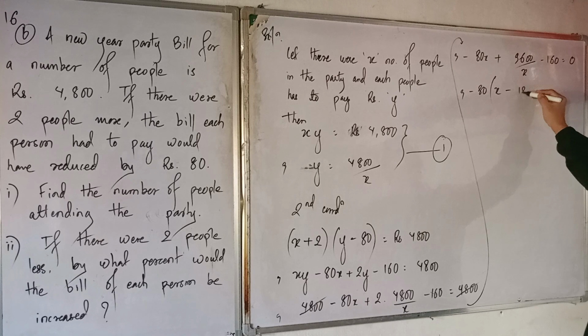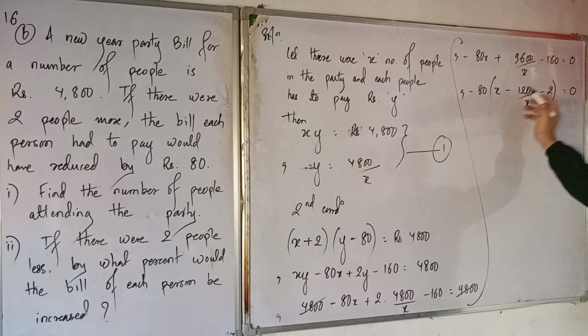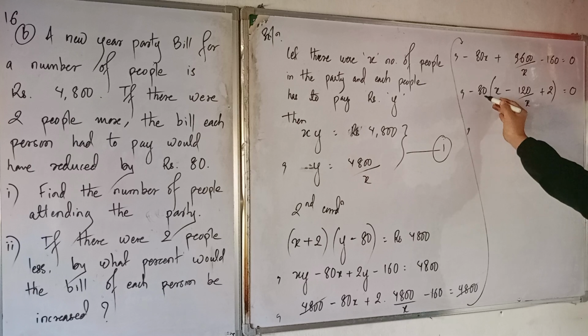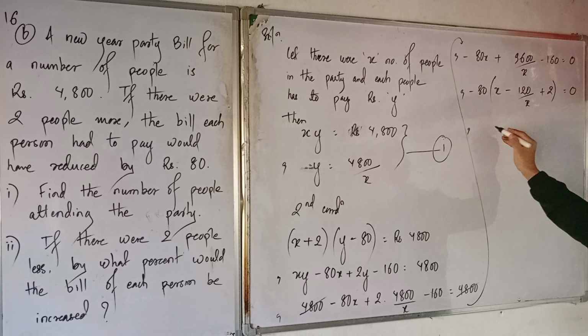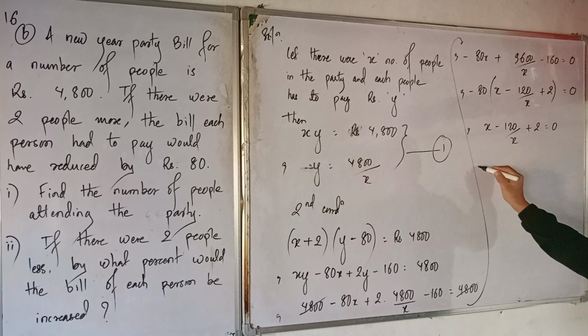So this is 120 divided by x minus 2. While taking the minus sign, this positive becomes negative and this negative becomes positive. Now this minus 80 goes and combines with the 0. The remaining will be x minus 120 by x plus 2 equals 0.